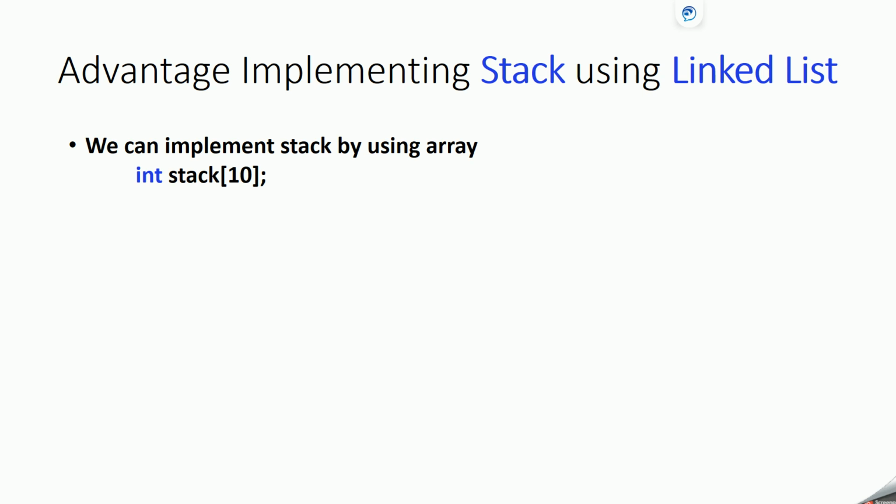In this case we are giving the size of the stack as 10, so we will be able to add only 10 elements. But if we implement using a linked list, there is no constraint on size. You can add as many elements as you want.